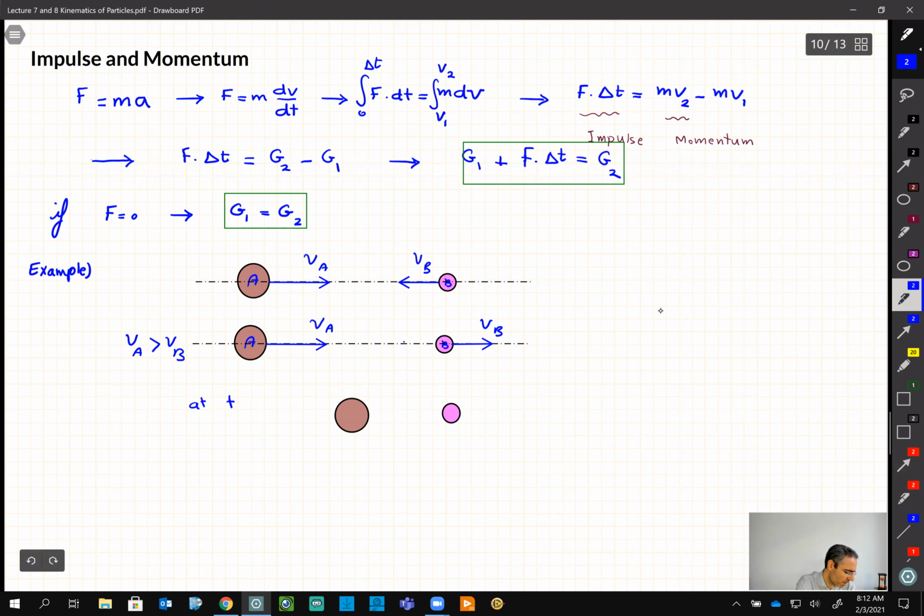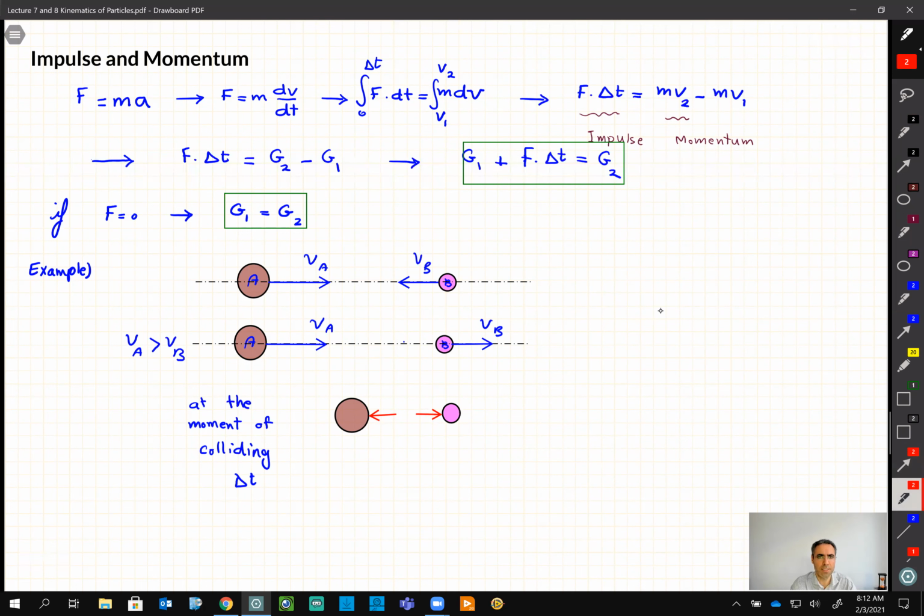At the moment of colliding, there's going to be a force between them. Because of Newton's third law, they are going to be the same but in opposite directions, action and reaction, right? So let's say this is F, and this is also F.